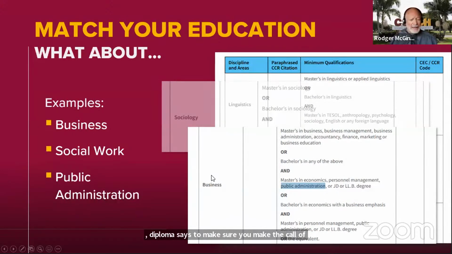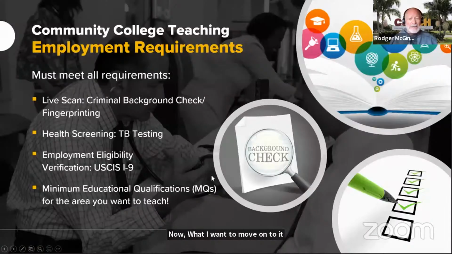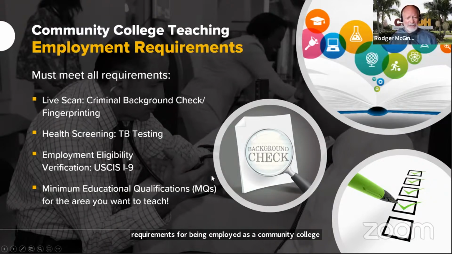Now, what I want to move on to is the actual requirements for being employed as a community college instructor. First of all, it's crucial that you pass the criminal background check. There can be no criminal convictions on your record.